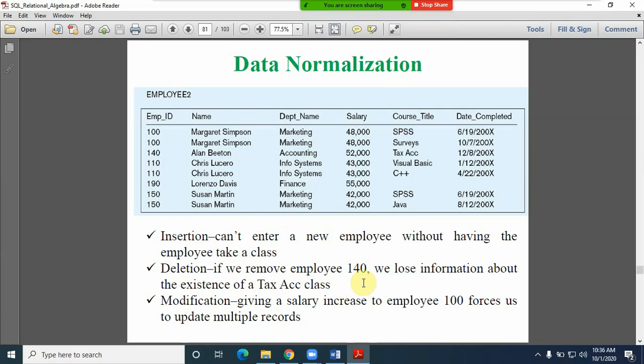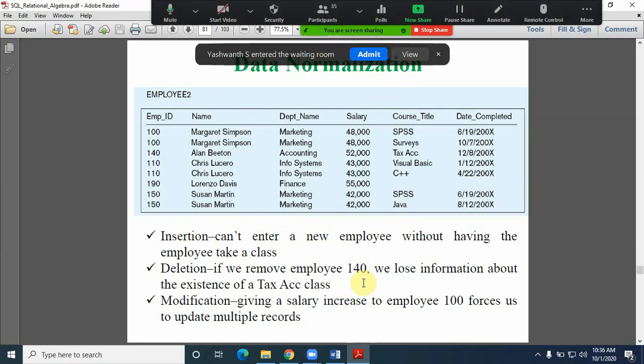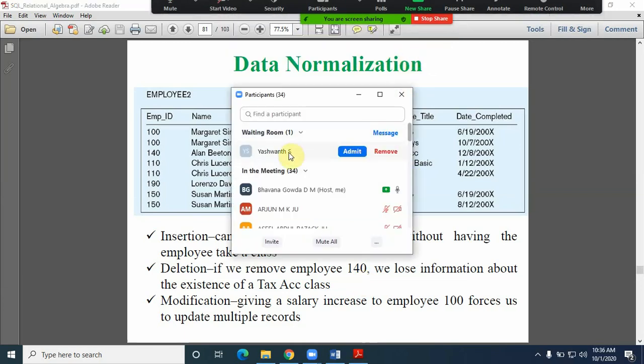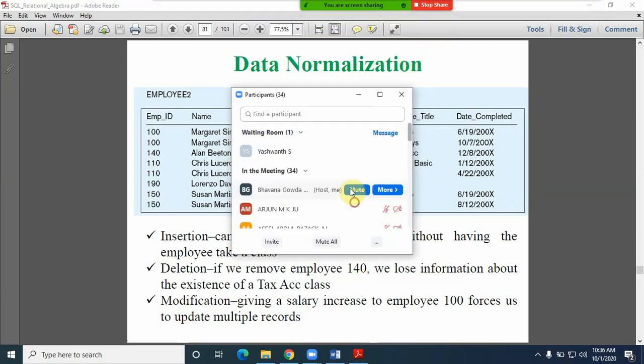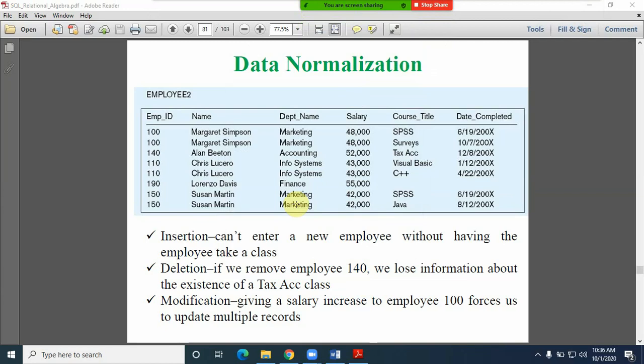What we are going to do is, with the help of normal forms, perform these kinds of activities. Because a normal form converts the normal relation into a well structured relation. A well structured relation allows us, without any anomalies or errors, to perform the activities.